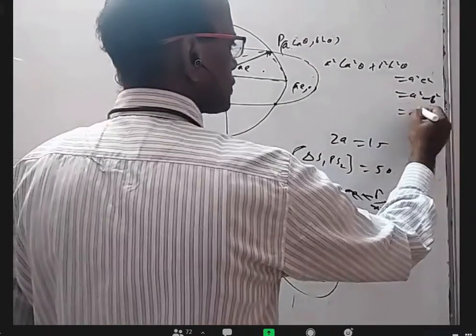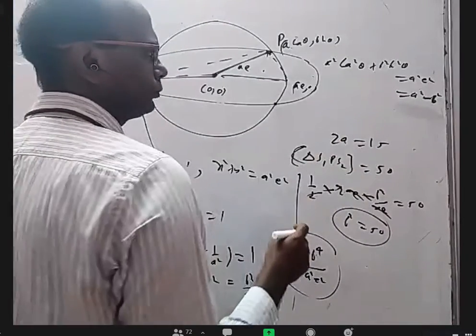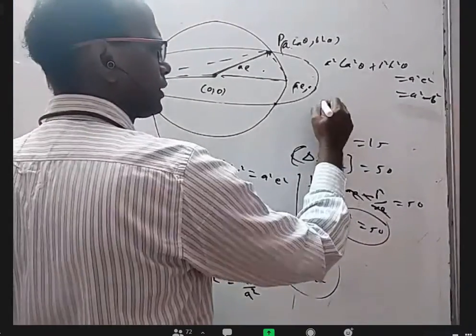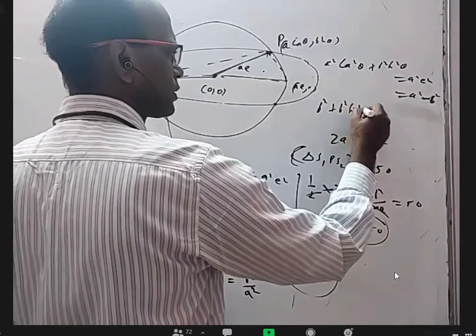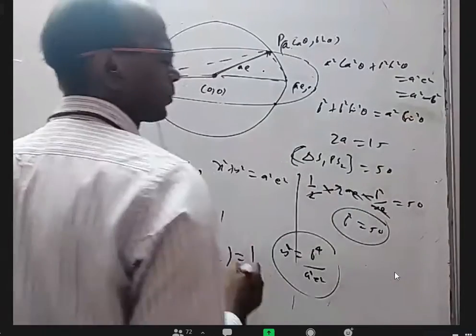Now if I bring it here, I'll get b square plus b square sin square theta equal to a square into 1 minus cos square theta, which is a square sin square theta.